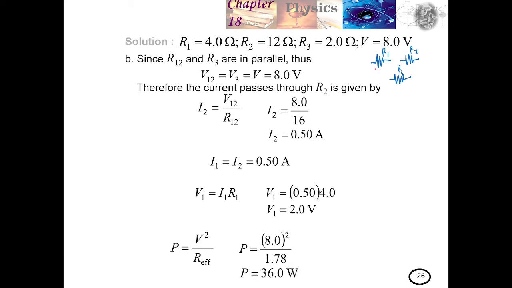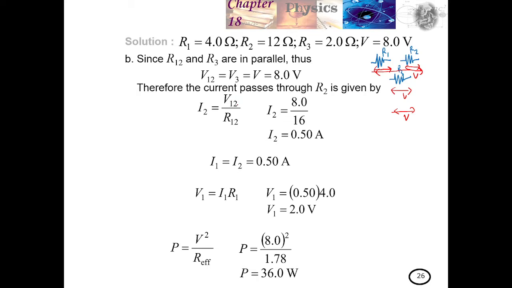Taking another color, this is V1, this is V2, and this is V. Actually, all three of them, this big V, equals the V of the EMF.